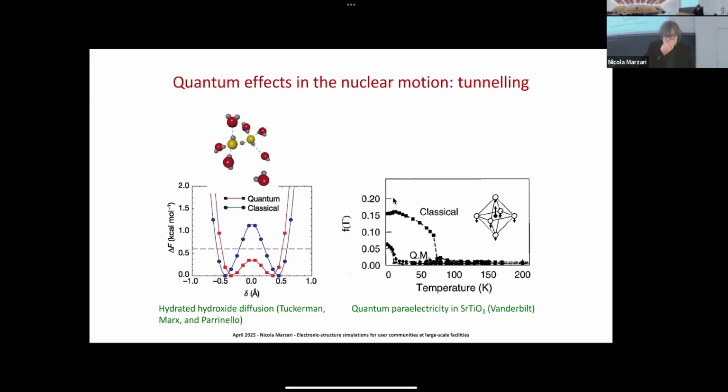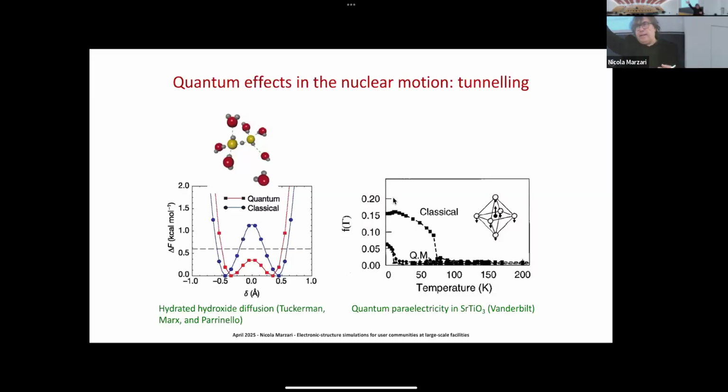One example that I love is strontium titanate, a perovskite. And you're all familiar with perovskites. We have oxygen cages, titanium at the center, six oxygens around, and the filler cations, the strontium. As you lower the temperature, like all the ferroelectric perovskites, this material should go into a ferroelectric state. You take barium titanate: at high temperature, it's paraelectric and cubic.